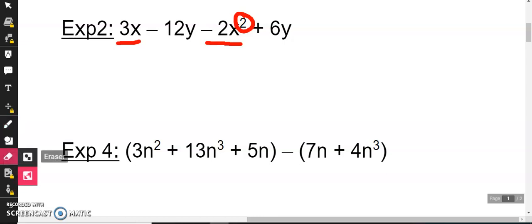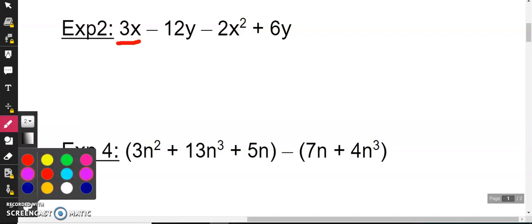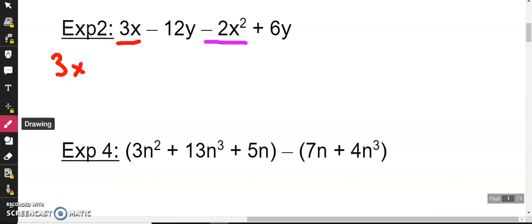So that 3x and that x squared do not combine. So those guys are just going to carry down. So I know I'm going to need a 3x by itself. I know I'm going to need a negative 2x squared that combines with nothing.